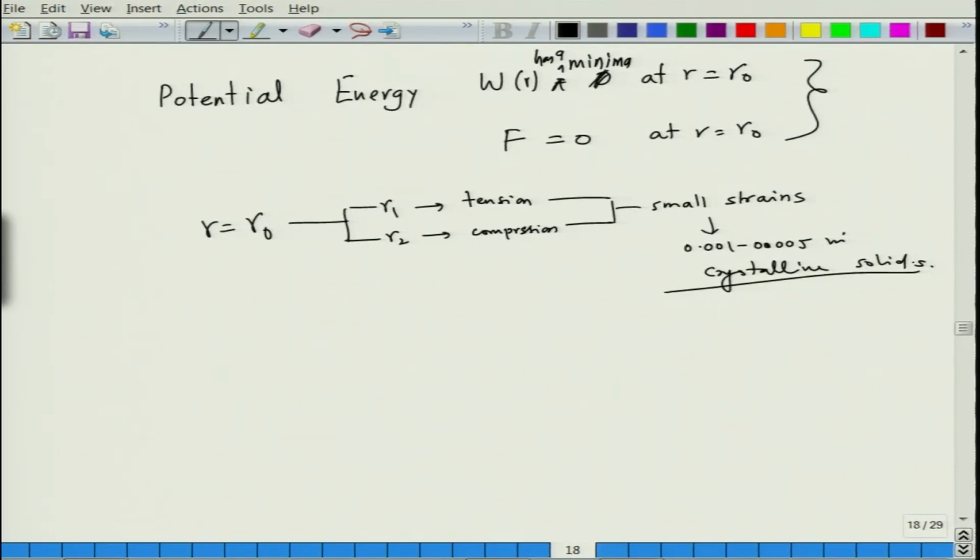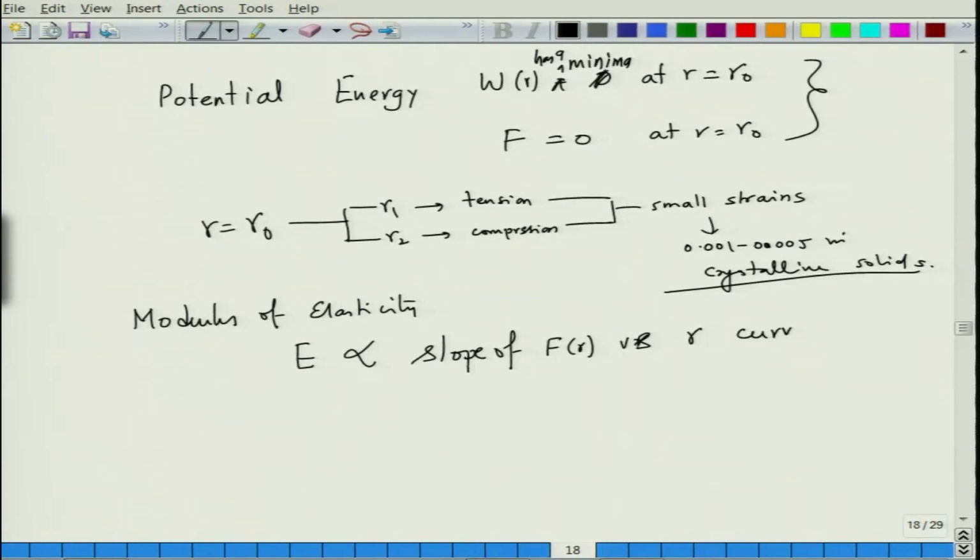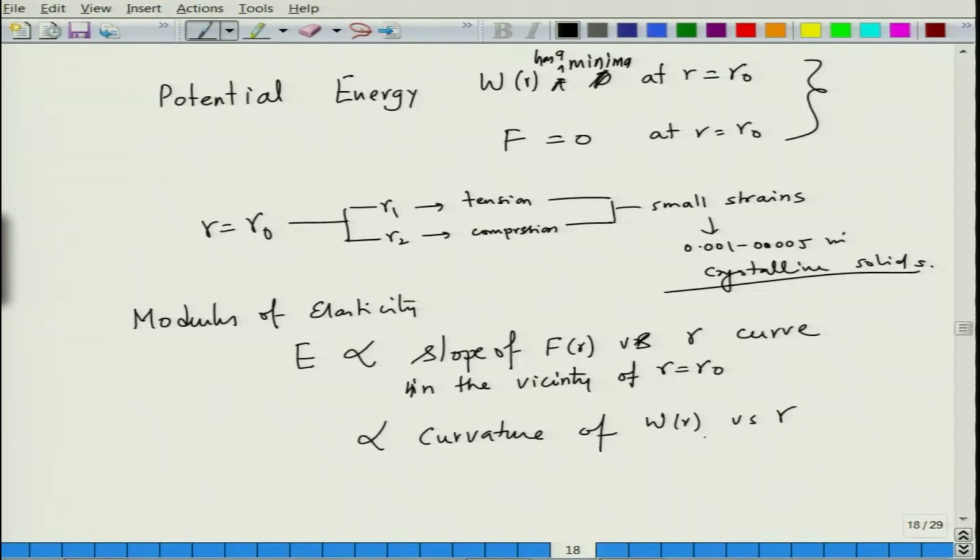In polymers, they can be quite large, and the modulus of elasticity E is basically proportional to, or you can say it is proportional to, the curvature of W versus R near R is equal to R naught.